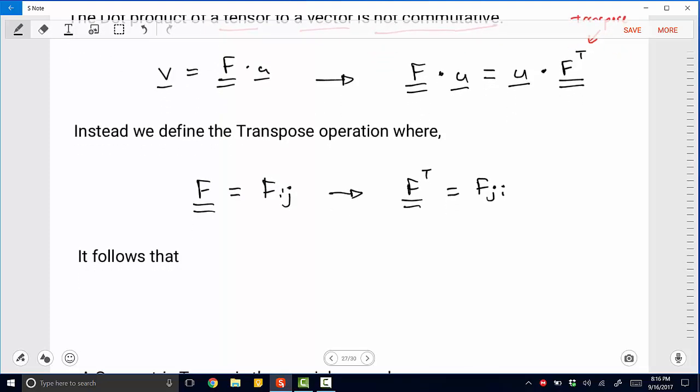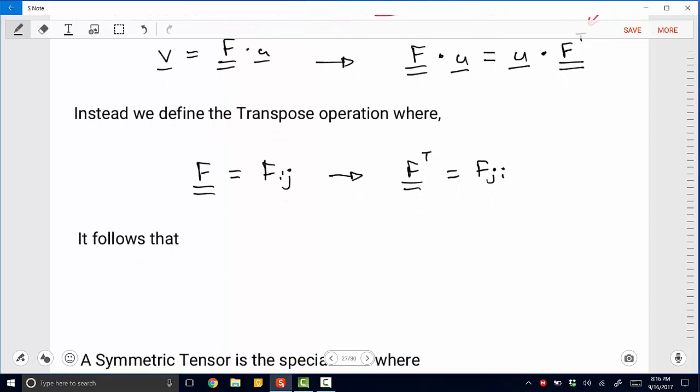With these relationships, it then follows that if we have V dot the tensor F dot the vector U, then we can replace this with U dot F transposed dot V. So in essence, it's not a simple commutative relationship.